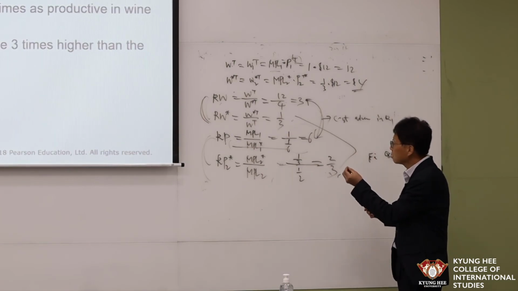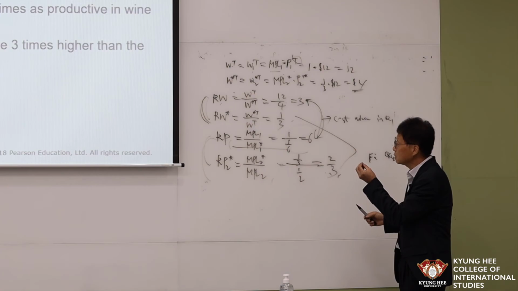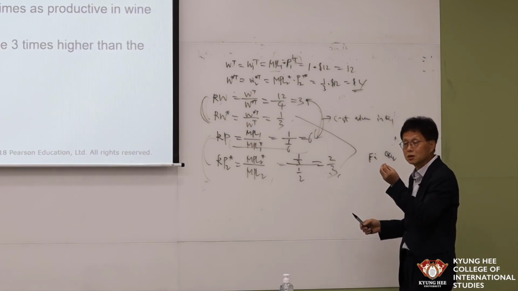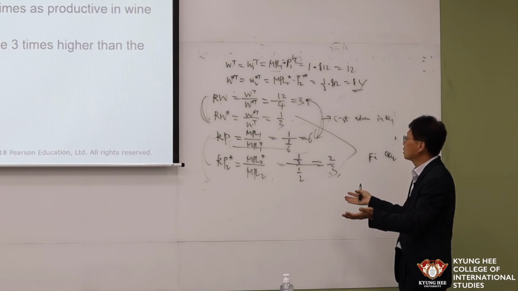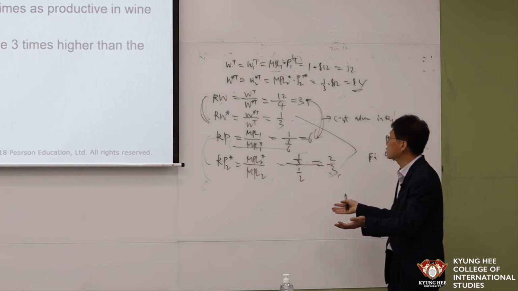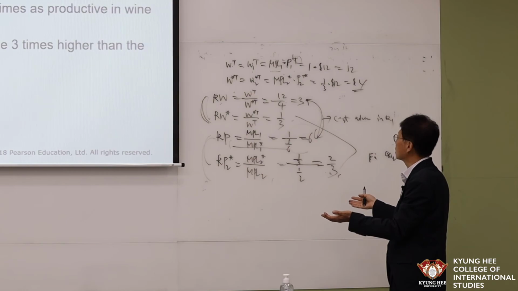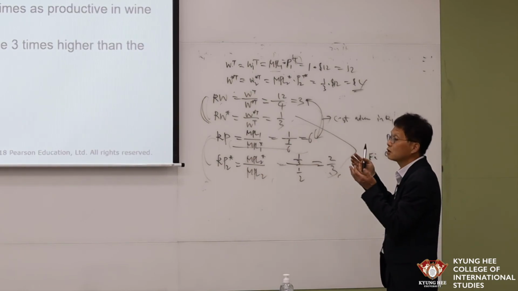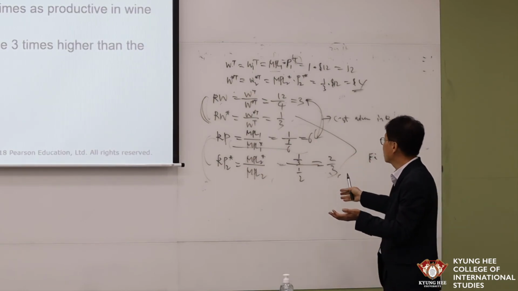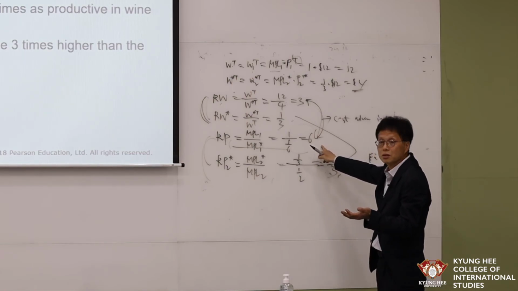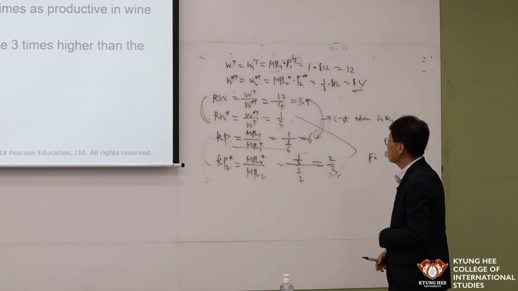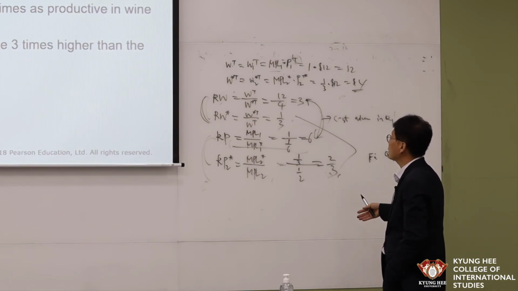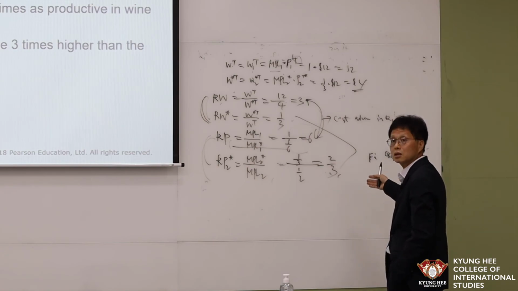So you have to combine relative wages and relative productivity in comparative advantage. Then you can conclude that the home country has comparative advantage in Q1 in spite of a higher wage rate. Why? Much higher productivity. Foreign country, right? Relative productivity in Q2 production is lower than the partner country.